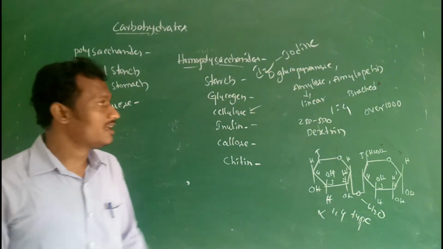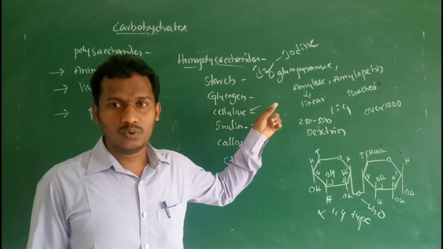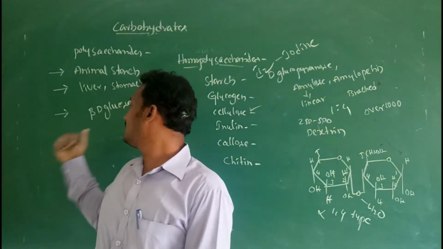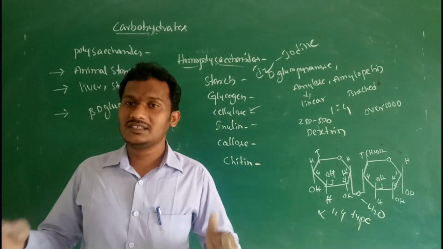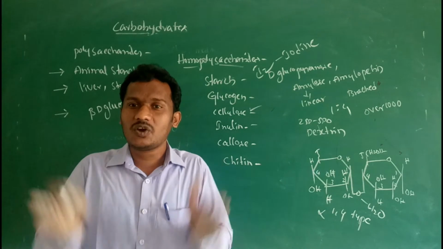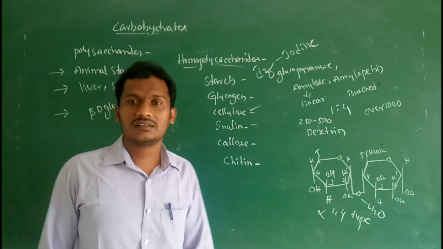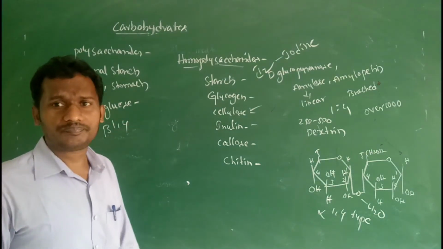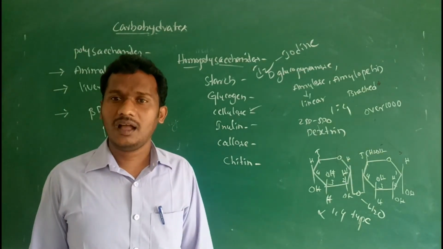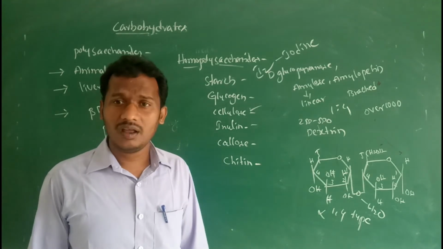In starch, alpha D glucose units are present, but in cellulose, beta D glucose units are present. These glucose units are joined by a glycosidic bond of the type beta 1,4 glycosidic bond.